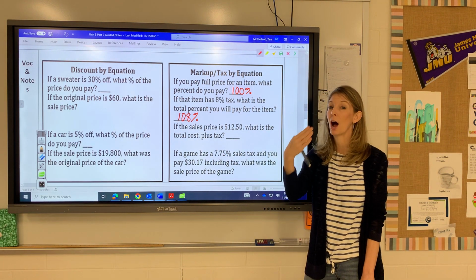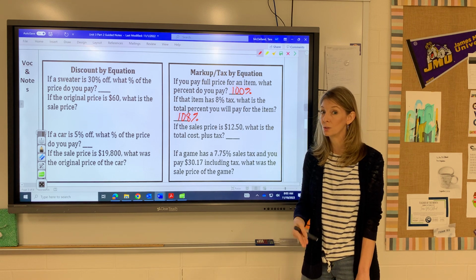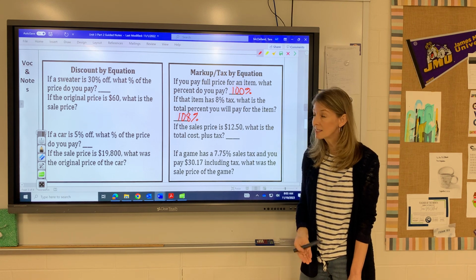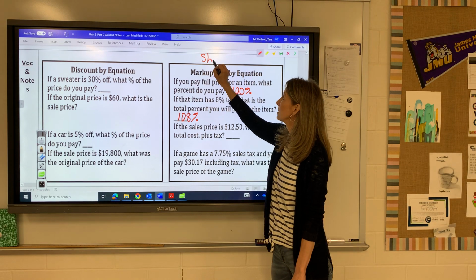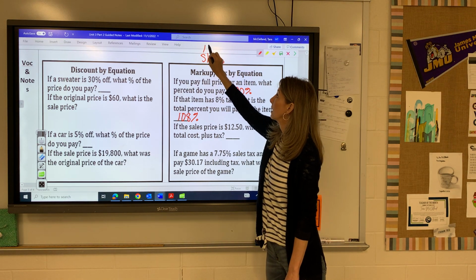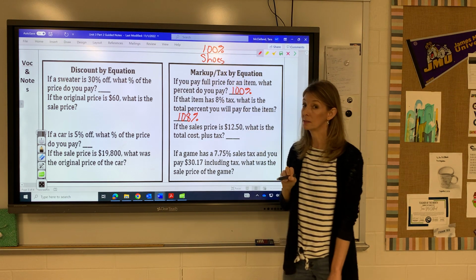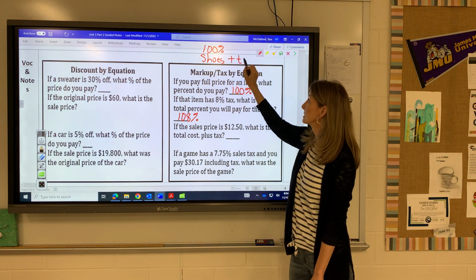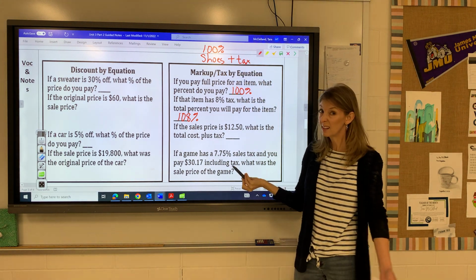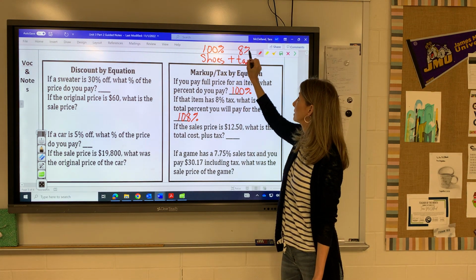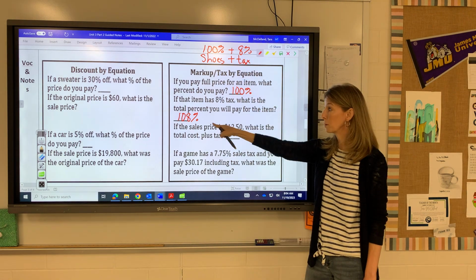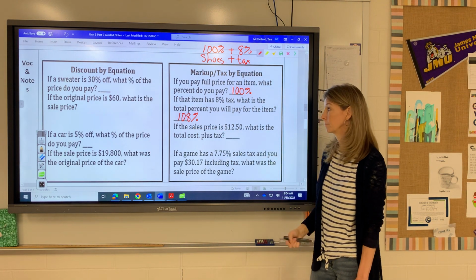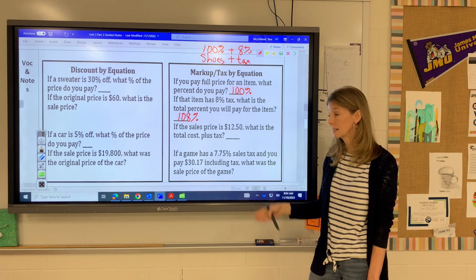So again, you're paying 100% of the cost of the shoes plus the tax. So shoes, that's the 100%, plus the tax, and let's say it's an 8%. Therefore, you're paying 108%.